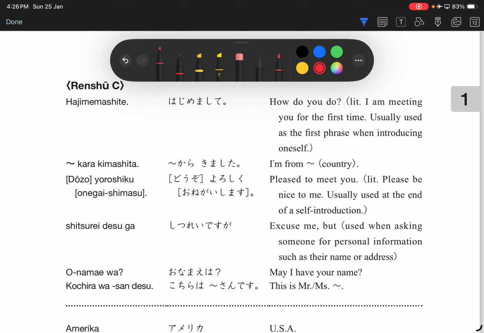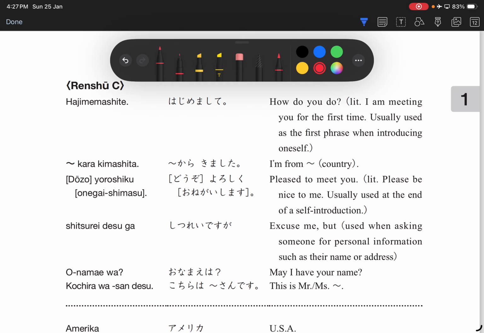Okay, next. Douzo yoroshiku. Douzo simply means like 请, please, a polite way to offer something. Yoroshiku simply means be friendly to me, or please be nice to me.